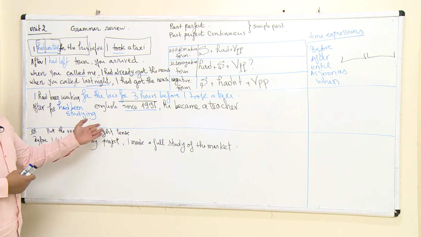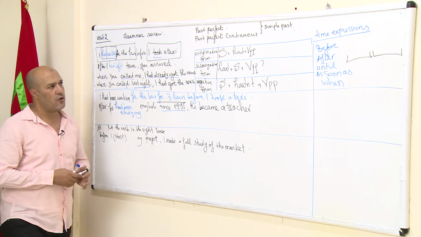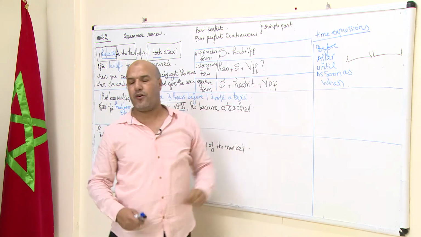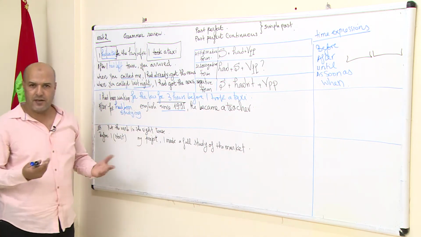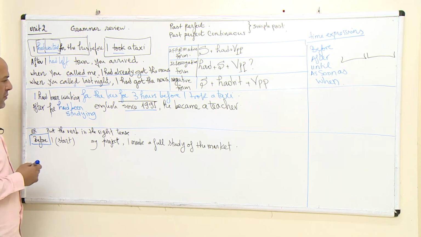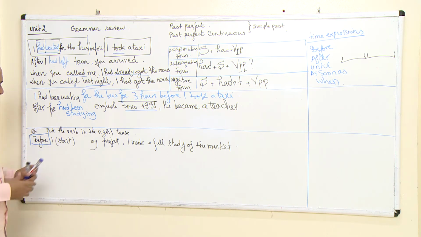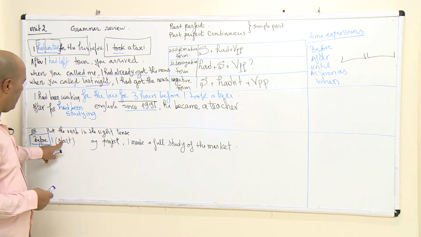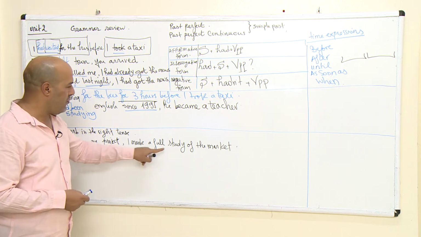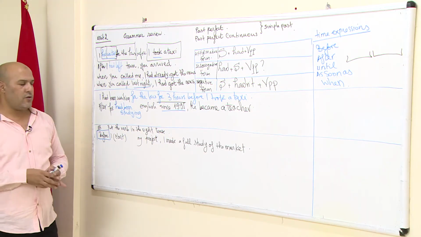So we try to put the verb in the right tense. Imagine you're dealing with this sentence. First thing you will have to look at is the time expressions or the indicator. I call it the indicator, time indicators. You will say, here I have before, and here I start my project, I made a full study of the market. So let's have a look.